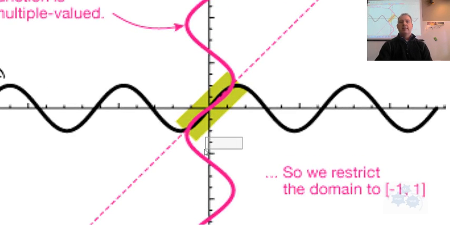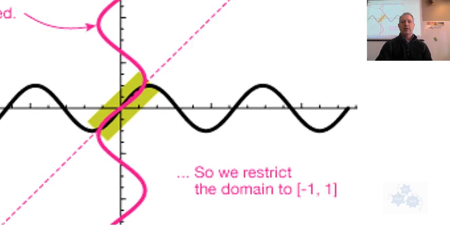Okay? All right? But if you think about this green part right here, from about there to about there, oh sorry, I'm looking at the black, forget it. Let me just fix that. I'll use a different color, and I'm going to use a red that's close to pink. So from about here to about there, that is the domain for which this arc sine is a function.